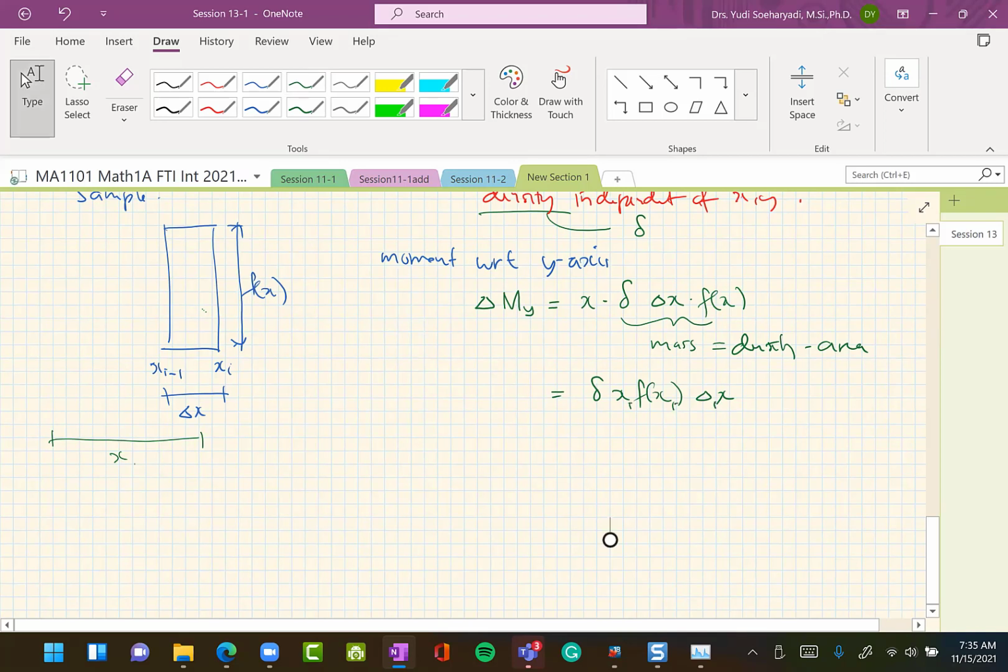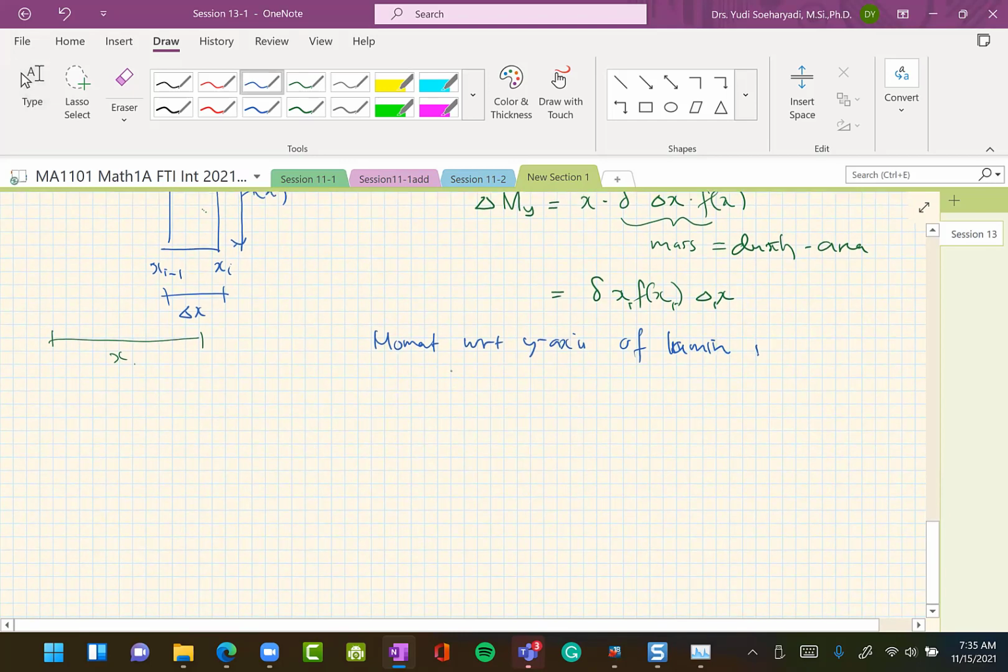Okay, so the total moment with respect to the y-axis of the lamina, M_y, can be approximated by this sum, x_i f of x_i delta x.